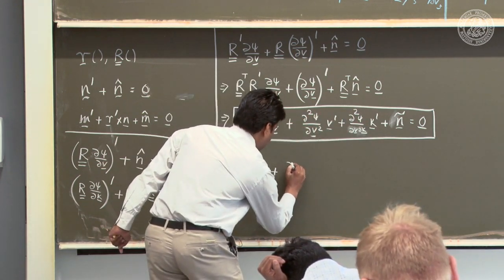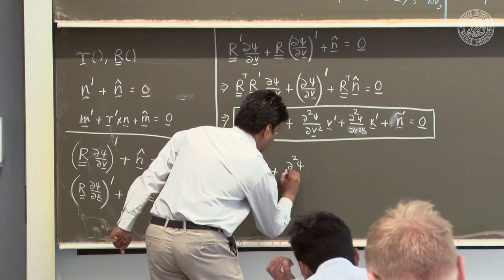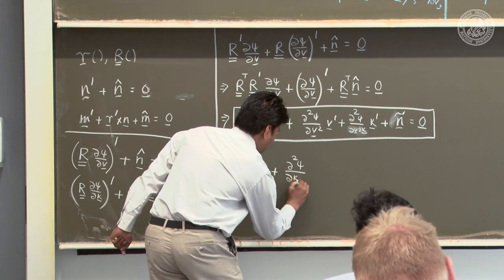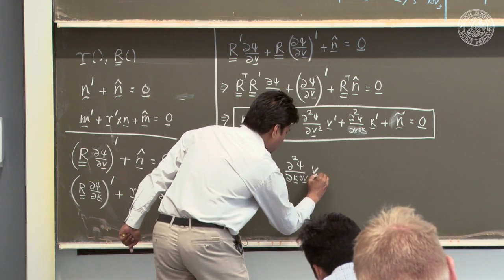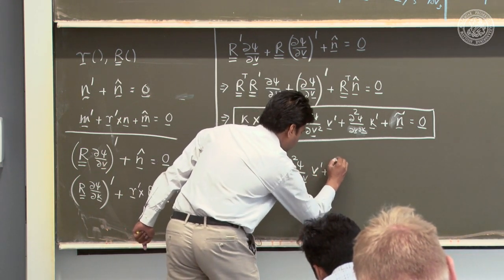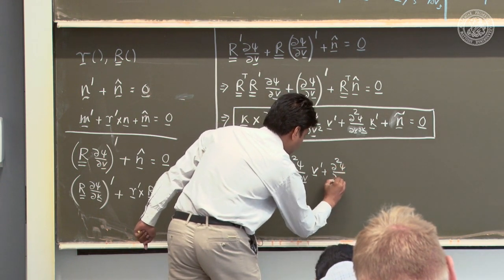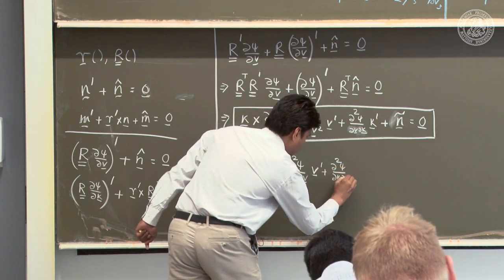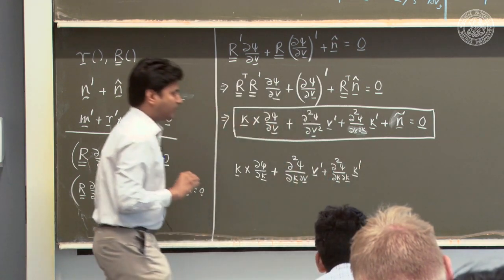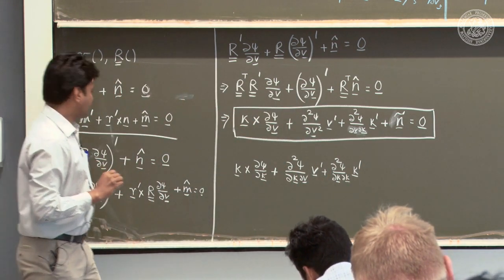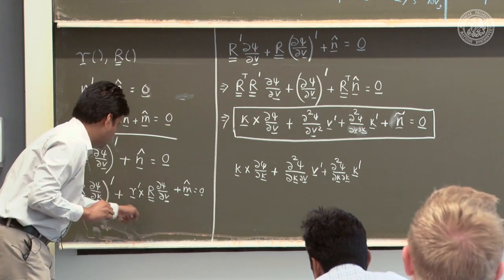So, that would be del 2 psi over del k del v into v prime plus del 2 psi over del k into k prime. Then you have this term.